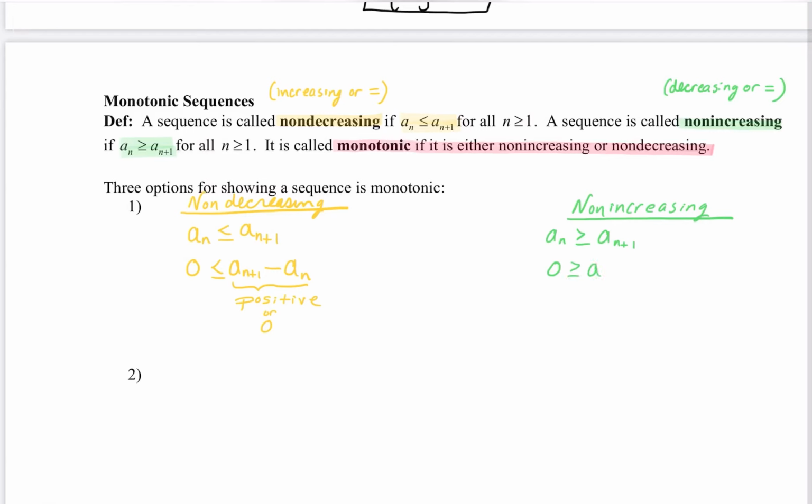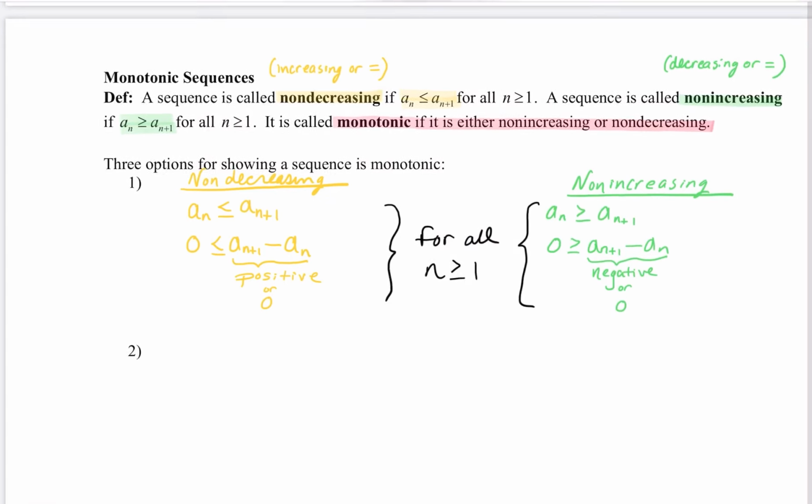Now you're saying a subsequent term minus the previous term is less than or equal to 0. So this is saying that what you get is negative, or 0. This is one way to show non-increasing or non-decreasing, and of course, it has to be true for all n greater than or equal to 1.